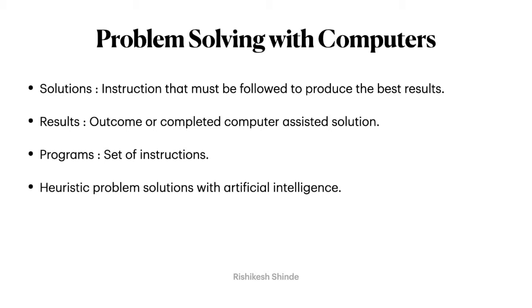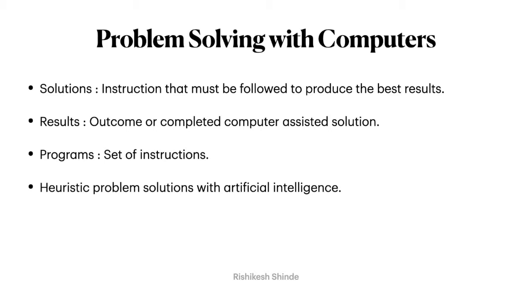Third point is programs, that we have discussed in our earlier videos. Computer programs are a set of instructions executed to obtain solutions to different problems. These programs are written in specific programming languages. In our course, we are using Python for problem solving. The last point is heuristic problem solutions. We have seen what heuristic problems and heuristic solutions are.